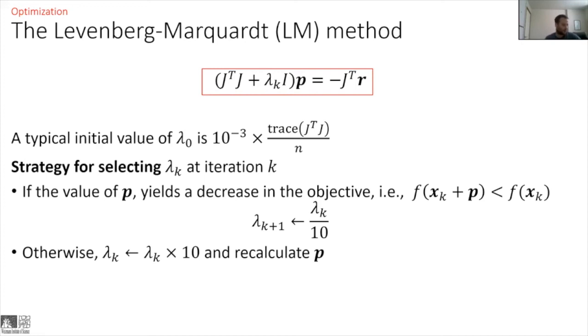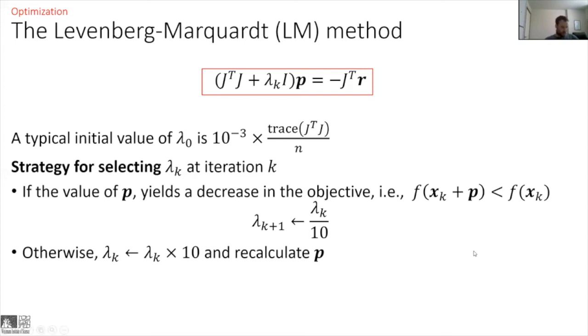Let me try to say something. Actually, the line search methods start with the direction and then look for the step size. The trust region methods assume that the second order approximation is correct in some region, but if it's not true, they shrink the region.